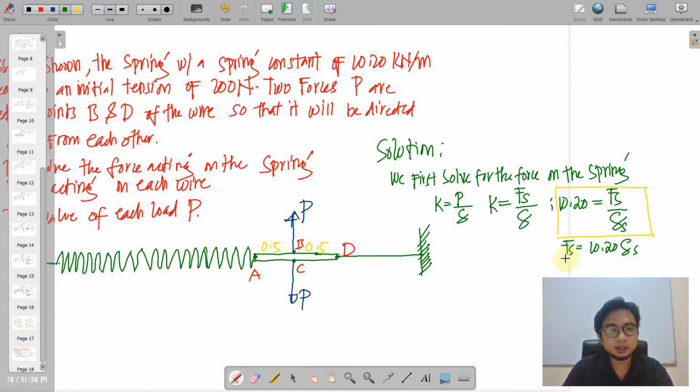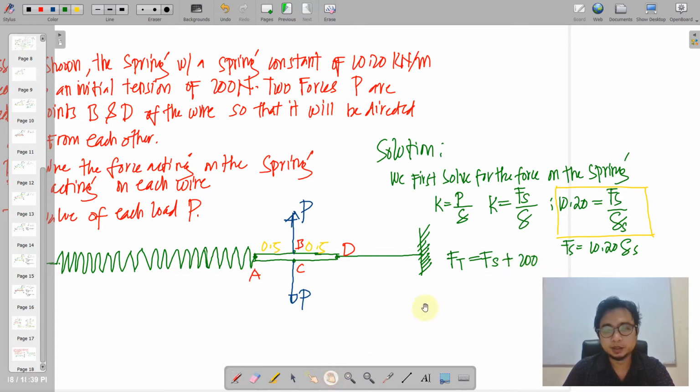It says in the problem that there is also an initial tension. So therefore, we need to add the initial tension equivalent to 200. So therefore, we can just say that the total force in spring is equal to Fs plus 200 Newton. Okay, plus 200 Newton.